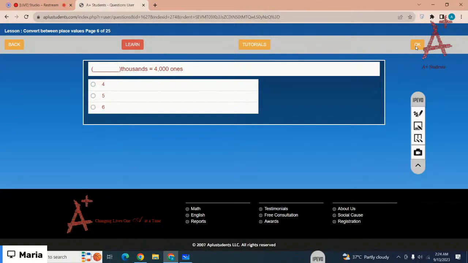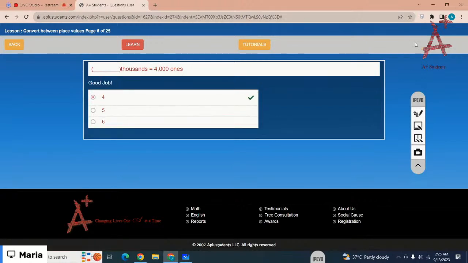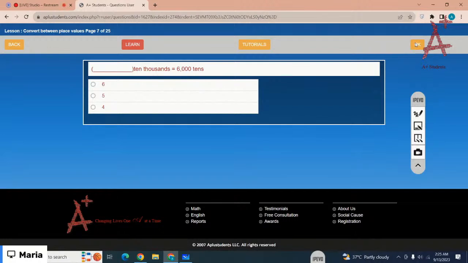4,000s 1 equal how many thousands? 6,000 tens equal how many 10,000s?